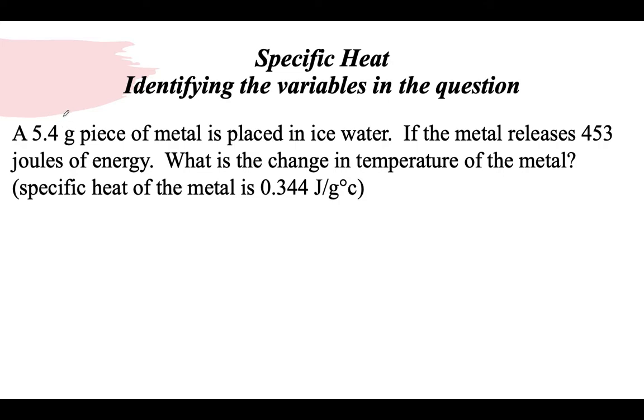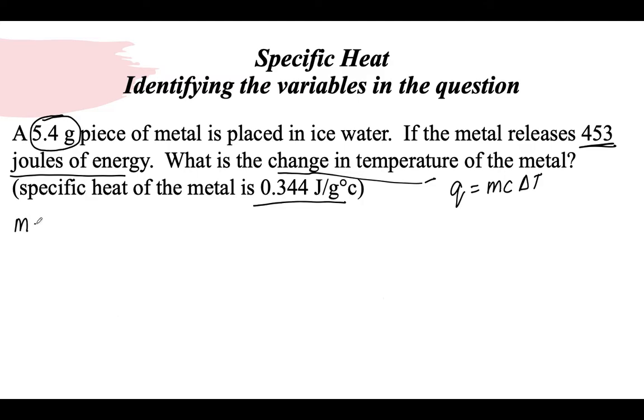Right here says a 5.4 gram piece of metal is placed in ice water. If the metal releases 453 joules of energy, what is the change in temperature of the metal? And the specific heat capacity of metal is given. Again, your formula is Q equals mc delta T. Okay, here mass is given, 5.4 grams.